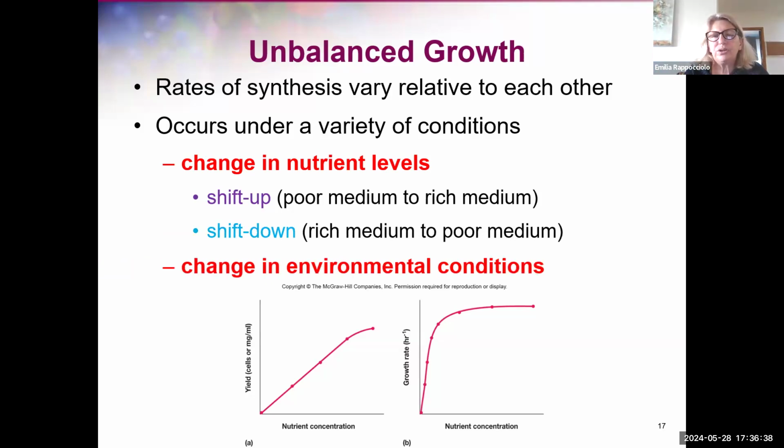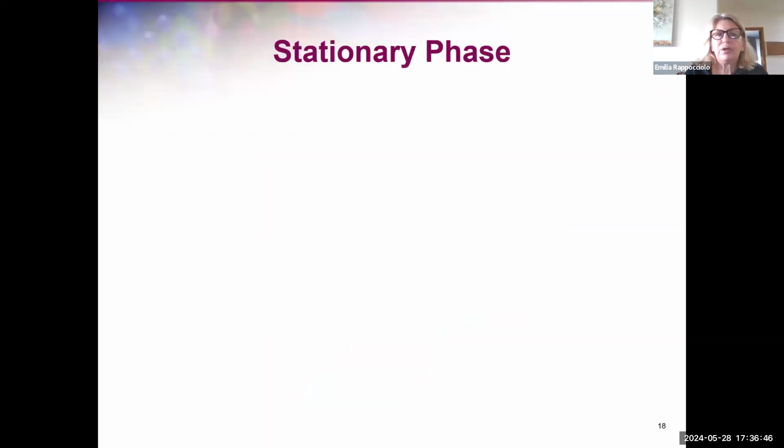Changing environmental conditions like pH, for instance, and the production and release of waste might also cause unbalanced growth.